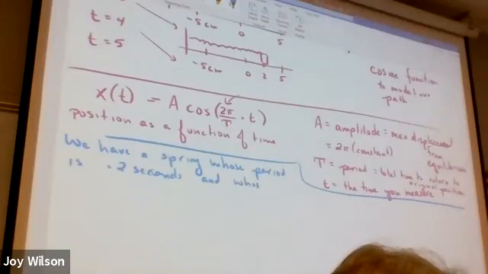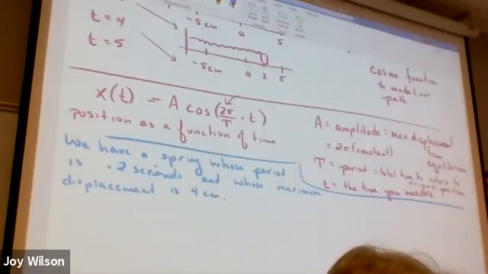and whose maximum displacement is 4 centimeters. Write the position equation as a function of time.